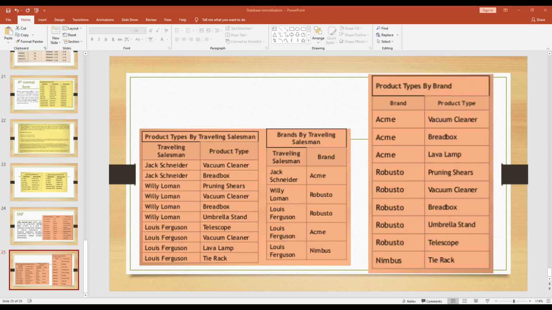If brand B1 and brand B2 are in his repertoire and product type P is in his repertoire, then assuming brand B1 and brand B2 both make product type P, the traveling salesman must offer products of product type P, those made by brand B1 and those made by brand B2. In that case, it is possible to split the table into three.